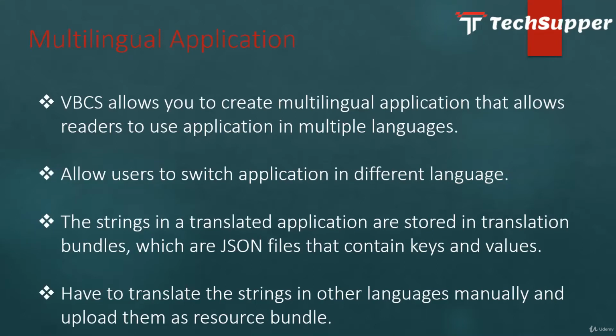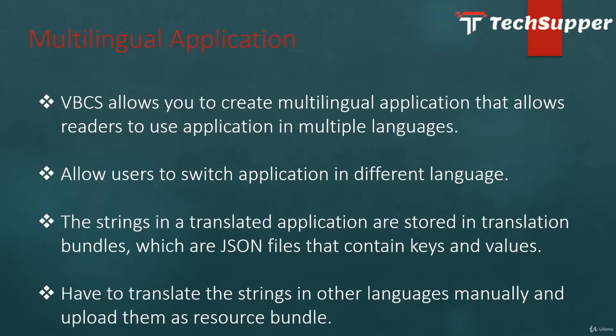VBCS allows you to create a multilingual web application that allows readers to use the application in multiple languages. For example, if you have created a web application and you wanted to open it for every country, the people in different countries want to see the application in different languages depending on the country they are in.